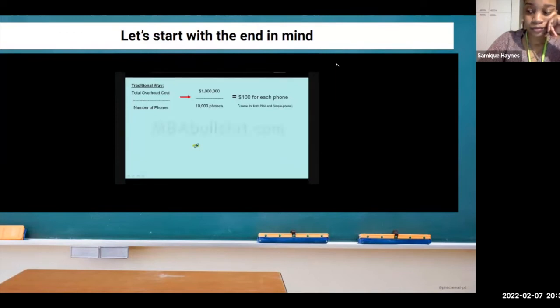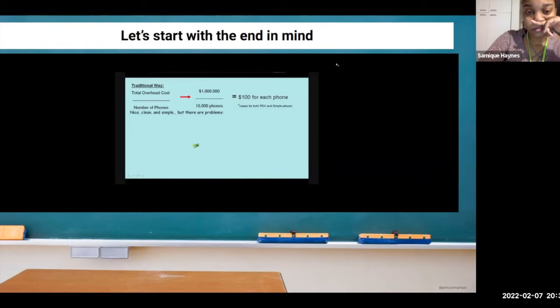And it doesn't matter if we're talking about the PDA phone or the simple phone. It's the same for each phone. So it's nice and clean and simple. However, there are of course problems with this traditional way, and that's why we have activity-based costing.